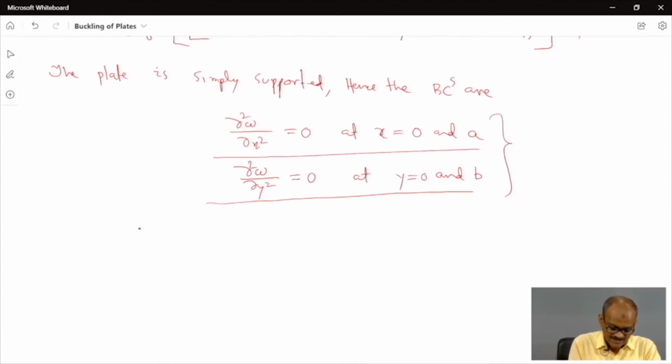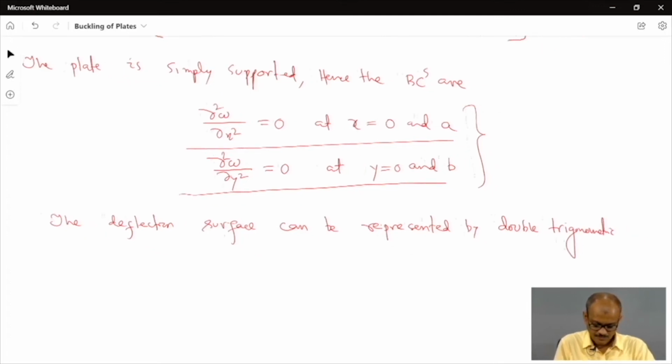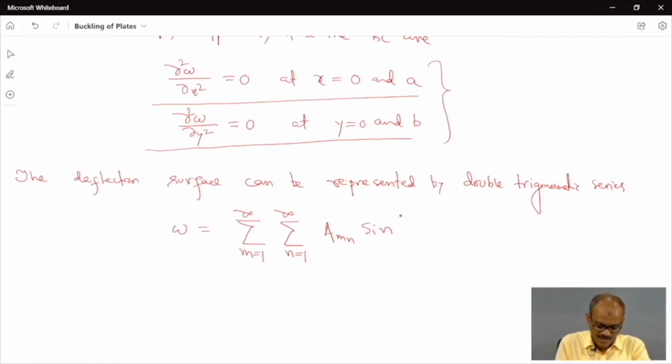So we can assume w is equal to the summation of m is equal to 1 to infinite, n is equal to 1 to infinite, Amn sin(mπx/a) multiplied by sin(nπy/b).